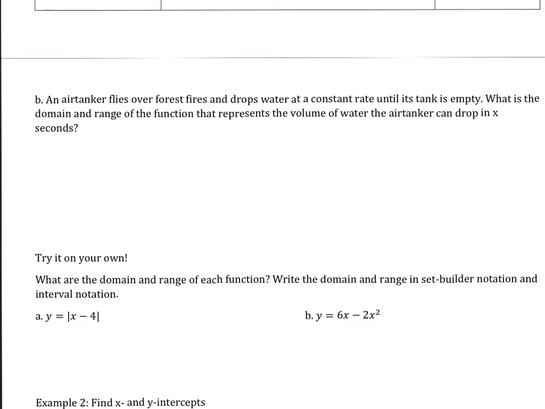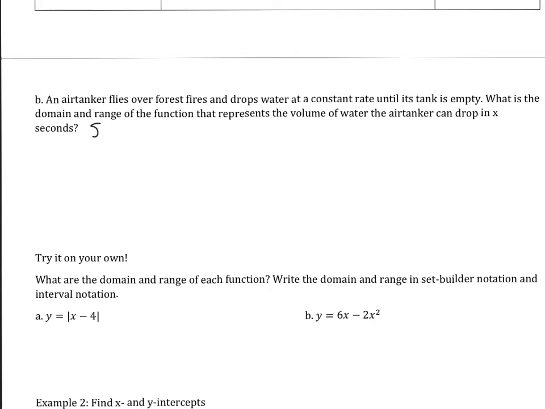So this very first question says, an air tanker flies over forest fires and drops water at a constant rate until its tank is empty. What is the domain and range of the function that represents the volume of water the air tanker can drop in x seconds?